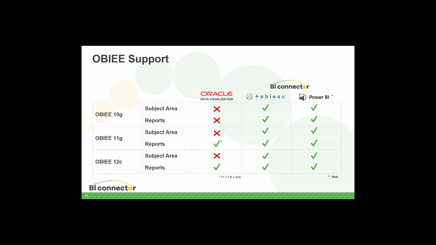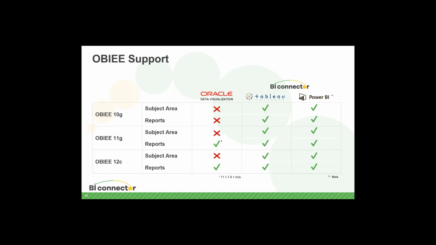And also in 12c, you can connect to the reports. Oracle Data Visualization Desktop doesn't provide connectivity to the subject areas, whereas from both Tableau and Power BI, you can connect to both the subject areas as well as the reports using BI Connector.